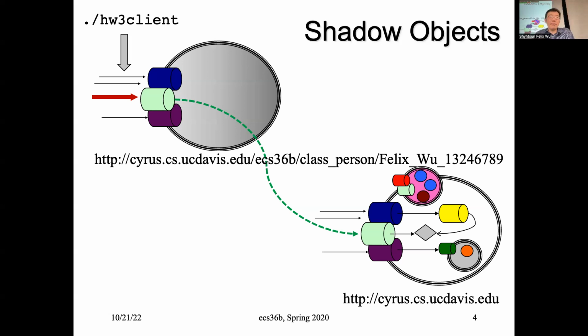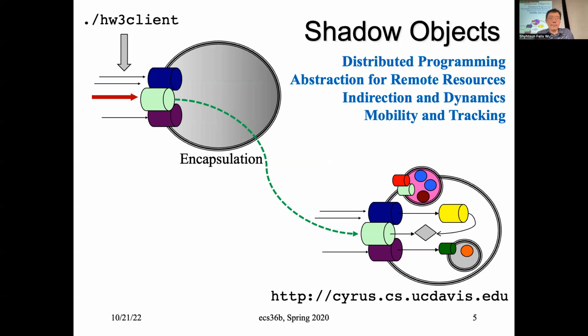Now I'm going to first tell you the programming. I already mentioned the concept called distributed programming: abstraction for remote resources, or some kind of indirection or dynamics, because objects keep changing and you try to handle mobility and trackability.